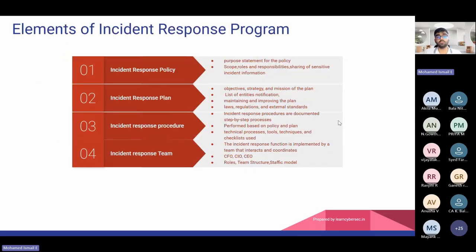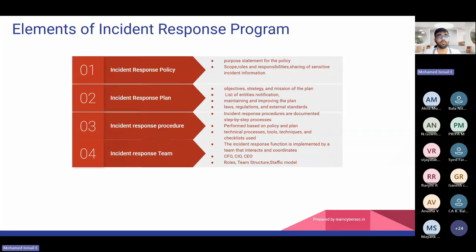Now I come to the elements present in the incident response program. Again, I'm repeating, this incident response program or plan cannot be crafted or drafted during the incident. It must be planned well in advance because an incident can happen anytime.